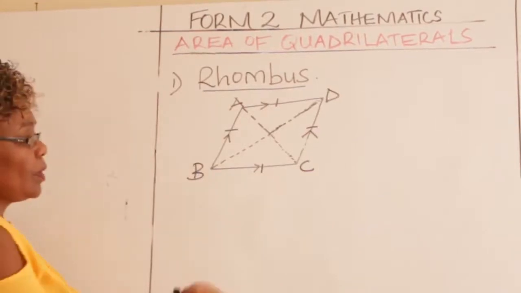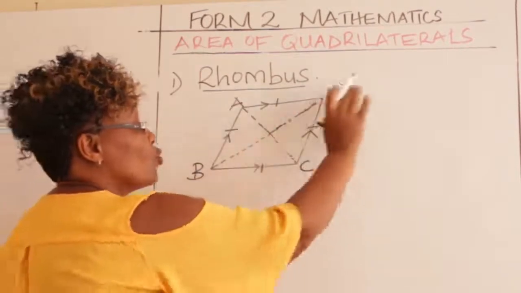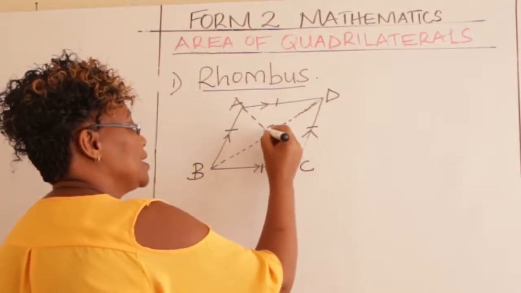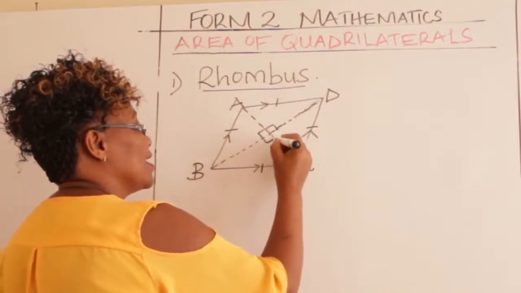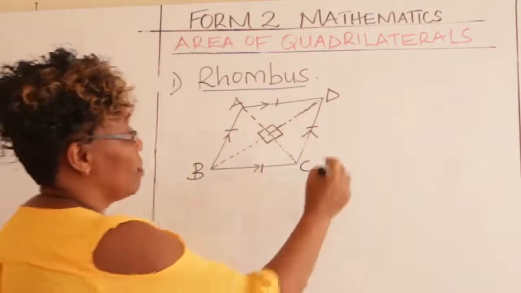So we need to put down some properties here. When the two diagonals meet, they meet perpendicularly at 90 degrees. That is number one.